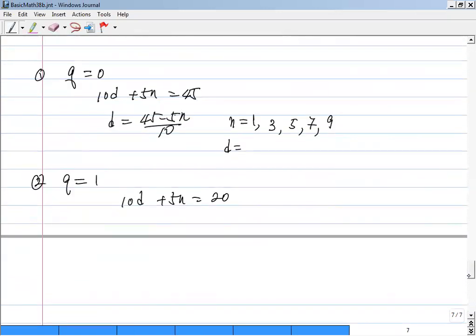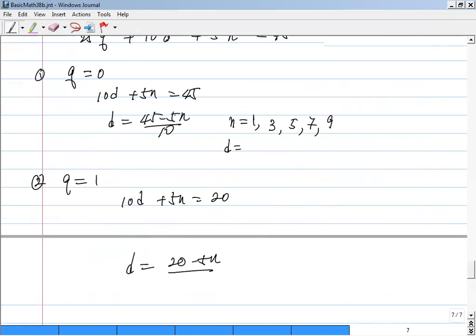Then d equals (20 minus 5n) divided by 10, and there are not many choices for n. n can be 0, 2, or 4.